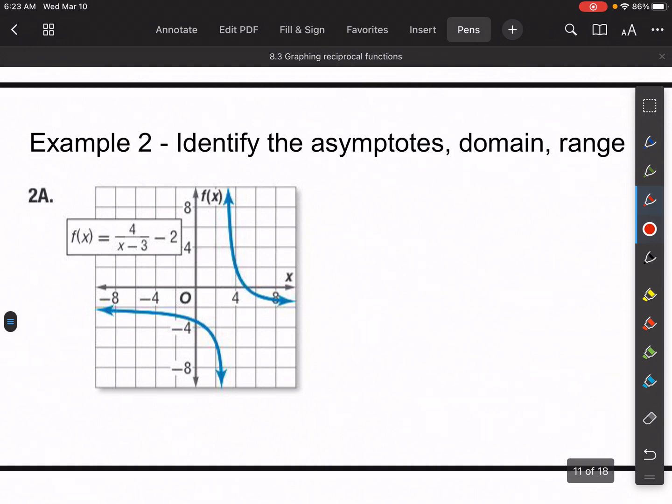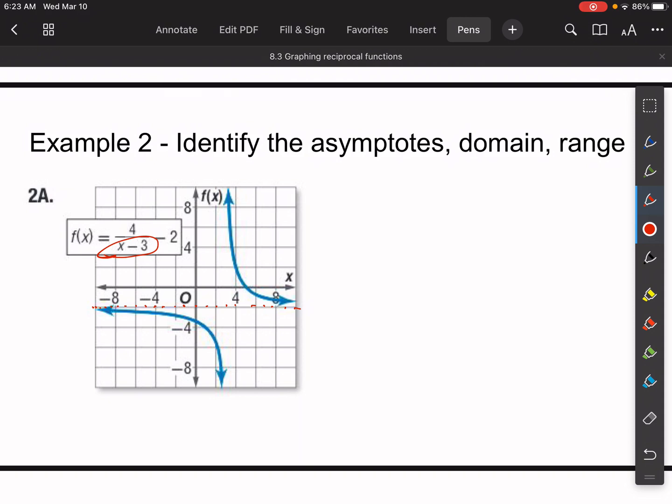Example 2, they want us to identify the asymptotes, the domain, and the range. So on this one, they gave us a nice picture. So basically, you're looking for the place where the graph just won't cross, like where it's approaching. So in this case, you can look at the picture here, and then you can confirm it with this.